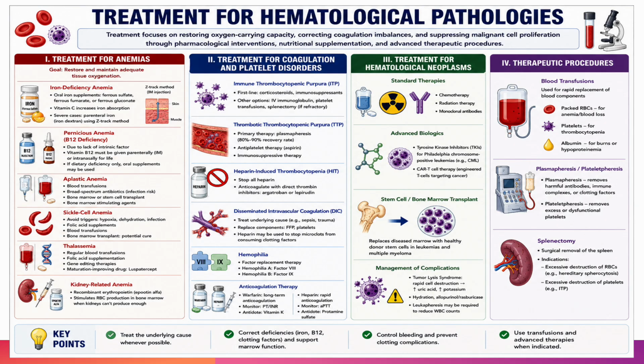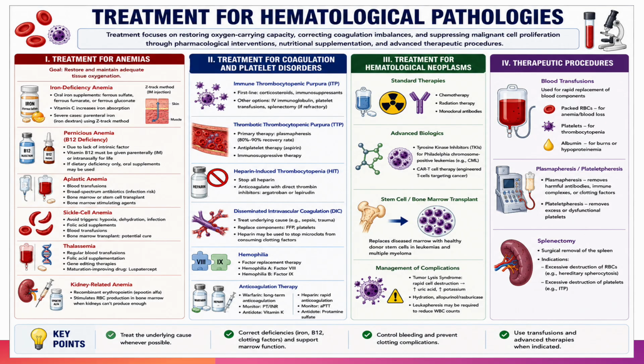Pernicious anemia requires lifelong vitamin B12 replacement, because remember it's a vitamin B12 deficiency because the intrinsic factor is lacking. Aplastic anemia may require blood transfusions, antibiotics, bone marrow stimulants, or stem cell transplantation because the marrow has failed.